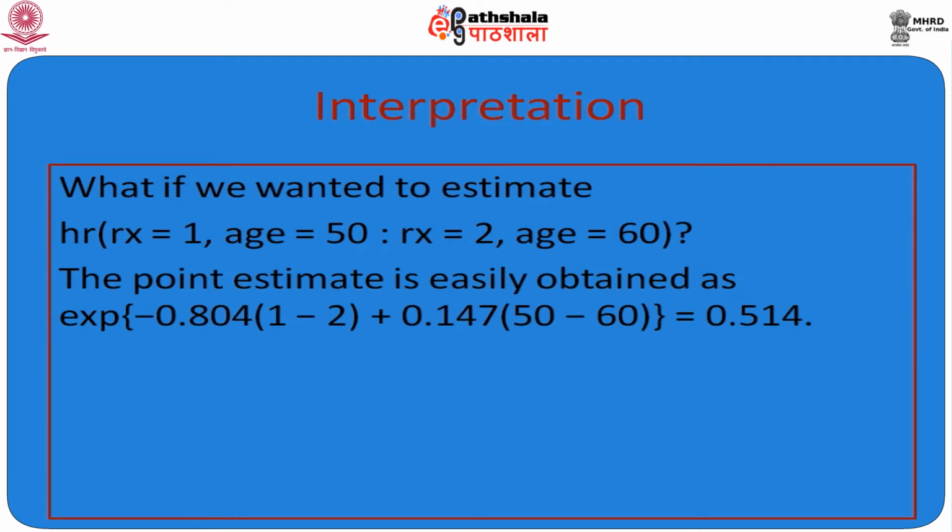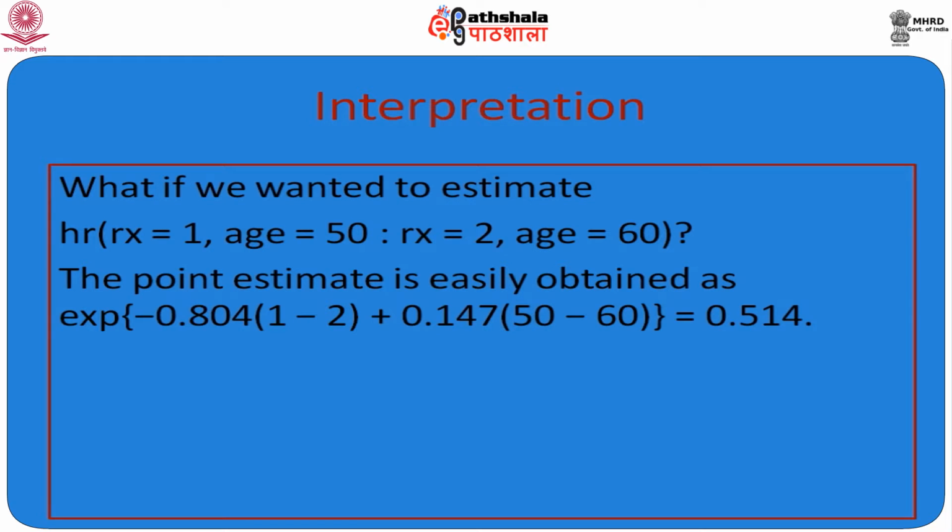The point estimate is easily obtained as exponential of minus 0.804 multiplied by 1 minus 2, where 1 represents Rx1 minus Rx2 as coded in this data set, plus 0.147, the estimate obtained for age, multiplied by 50 minus 60, the age of the first individual minus the age of the second individual, that is age 60.